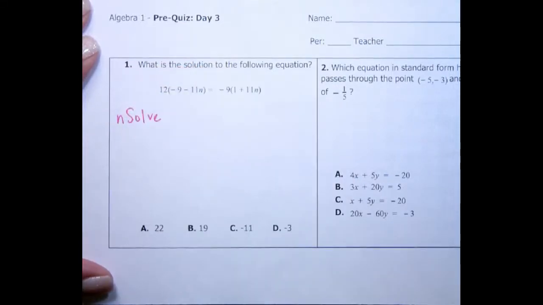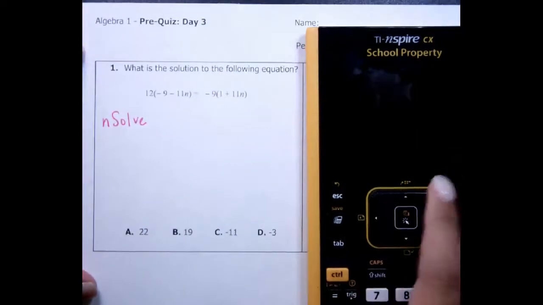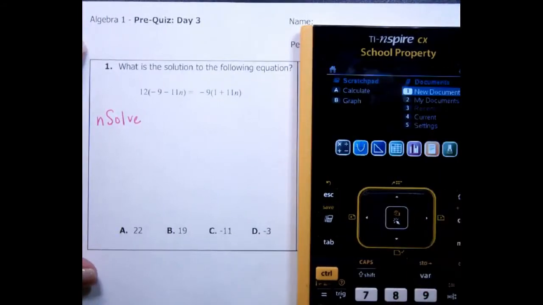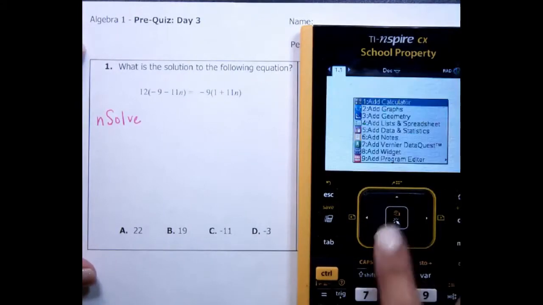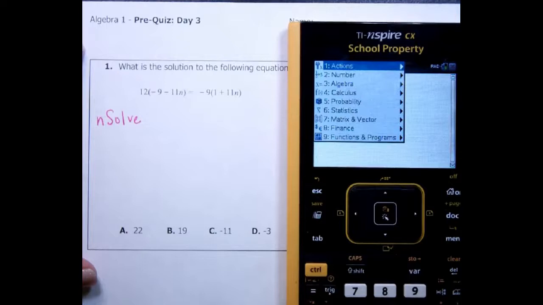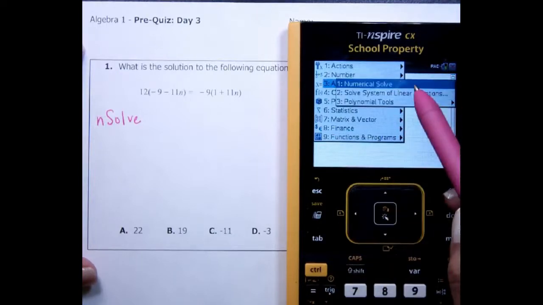is to use nsolve. The way you use nsolve in the calculator is, you go to the calculator, you add a calculator, menu, algebra, numerical solve.